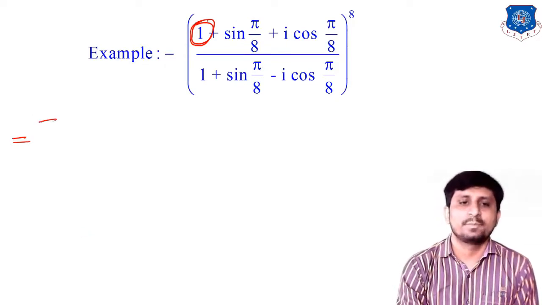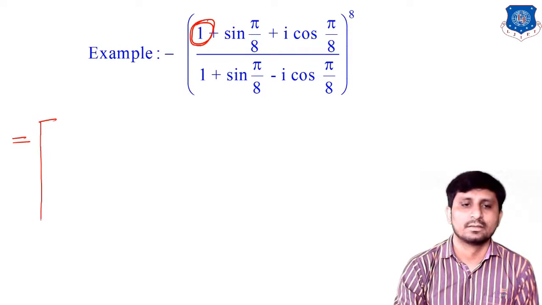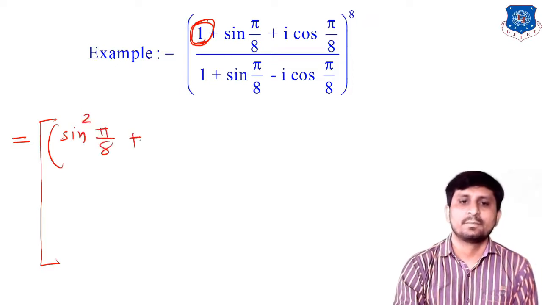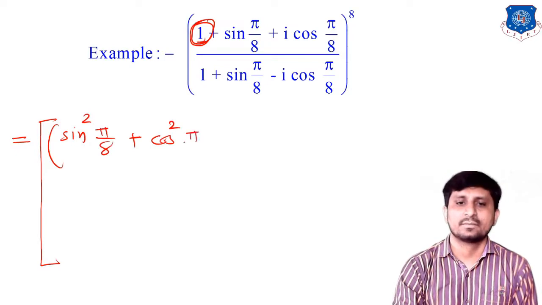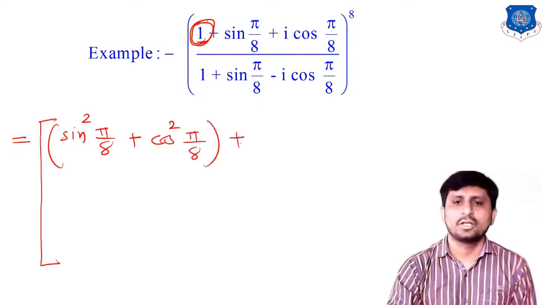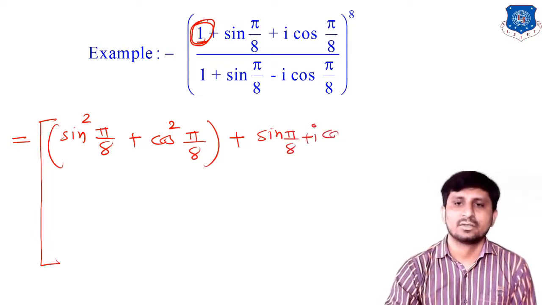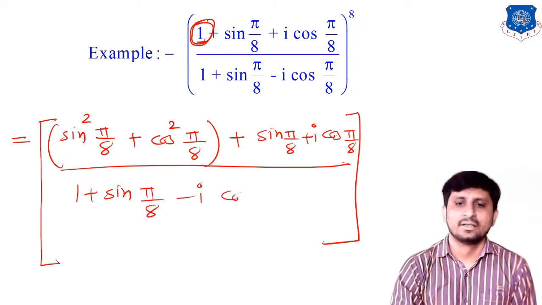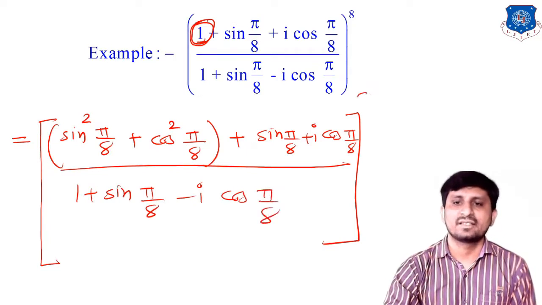So I replace this 1 by sin square pi by 8 plus cos square pi by 8, and all other terms I write as they are, sin pi by 8 plus i cos pi by 8, and in the denominator also 1 plus sin pi by 8 minus i cos pi by 8, raised to 8.